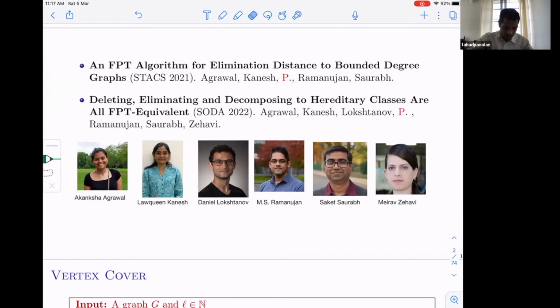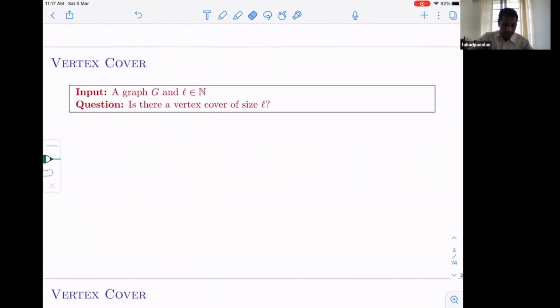So just pick a well-known candidate vertex deletion problem, which is vertex cover. There's a lot of study on that. You want to find a vertex cover of a certain size, that is, after deleting a small set of vertices, you want the graph to be edgeless.